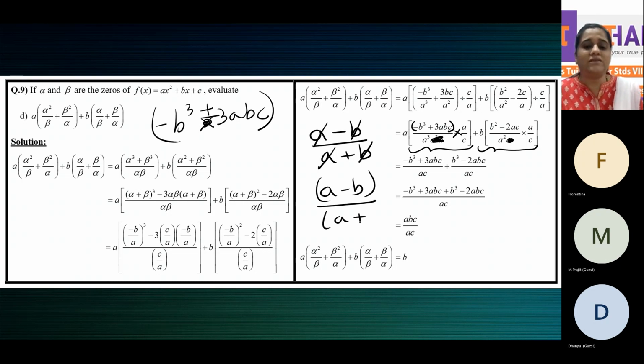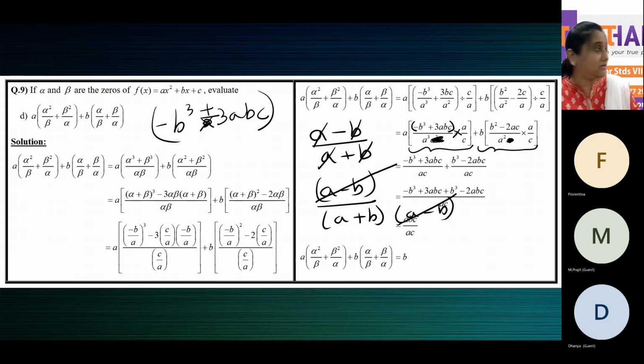When the terms are connected by a plus or a minus sign, you can cancel the expression as a whole, like A minus B with another A minus B.